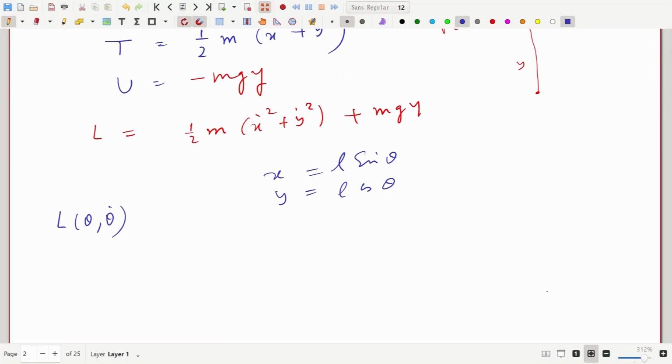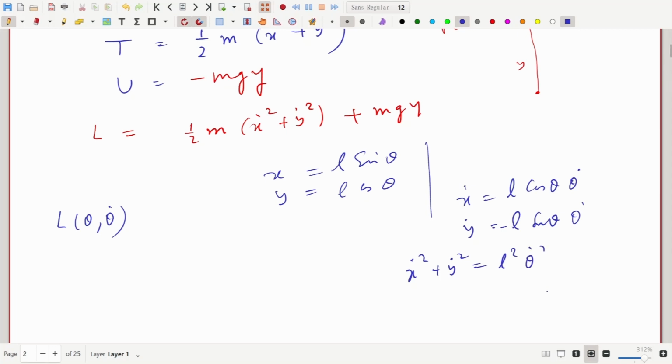So, we have to substitute. Let us do this exercise systematically. So, x dot will be L, which is constant, times cos theta times theta dot. y dot will be L times minus sin theta times theta dot. So, x dot square plus y dot square will be L square theta dot square.